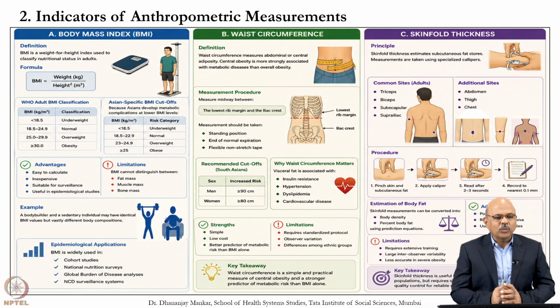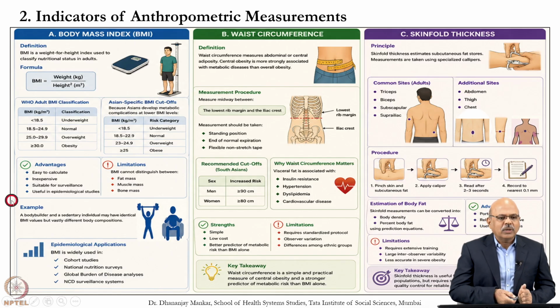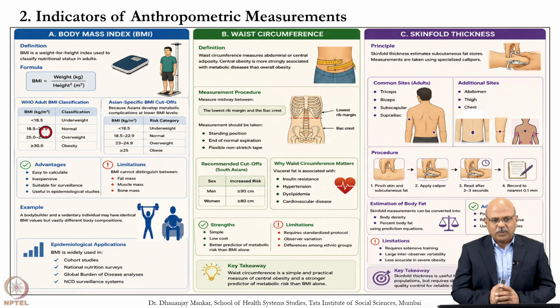And when it is 30 or above, it is obesity. So you can understand how the classification from underweight to obesity works with the WHO scale. With respect to Asia specific BMI cutoffs, we have these because they were developed according to the metabolic complications which are seen at lower BMI levels.